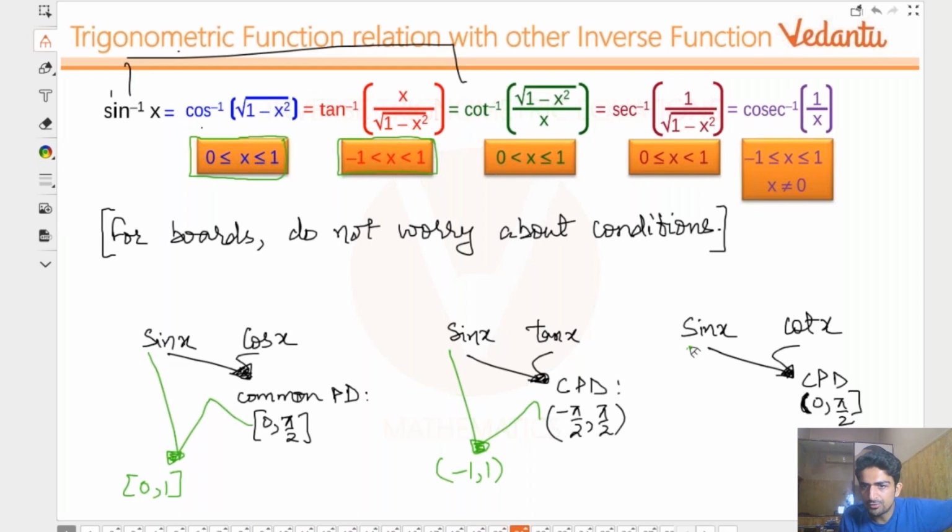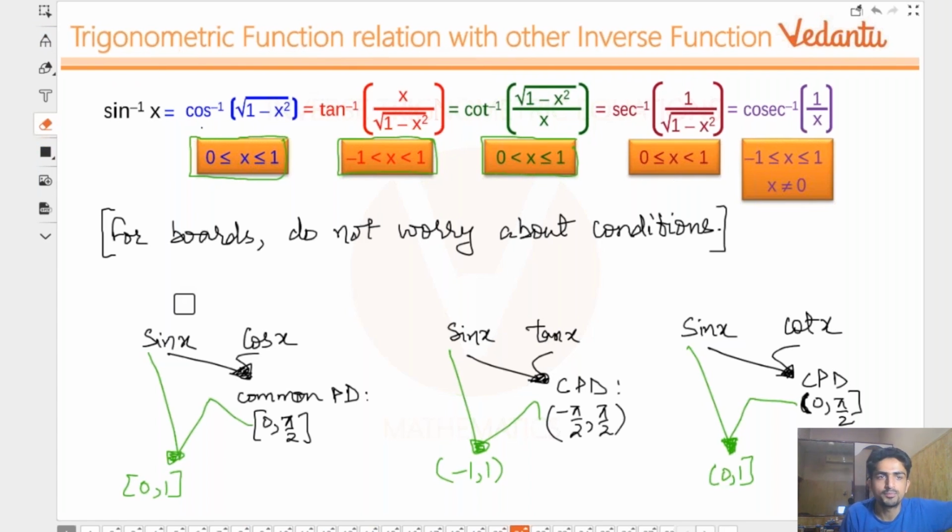So what are the values of sin x in this common principal domain? It is open 0 to closed 1. That is the condition here. That is how we find conditions.